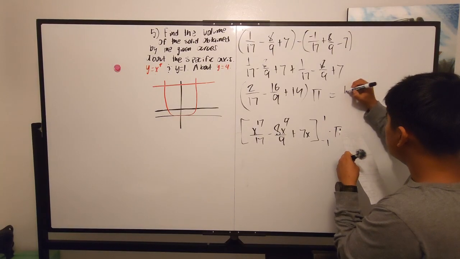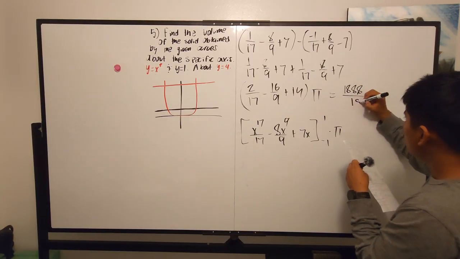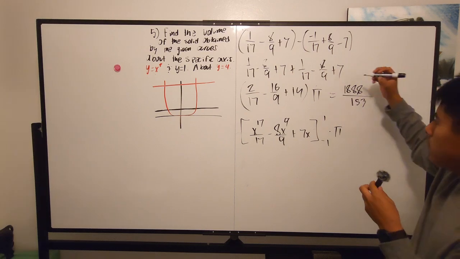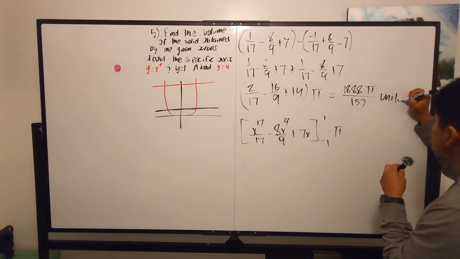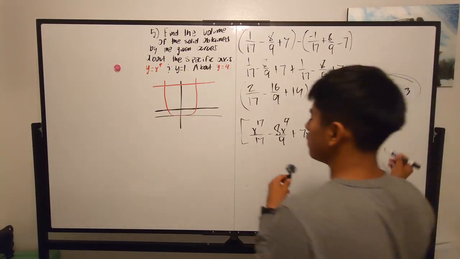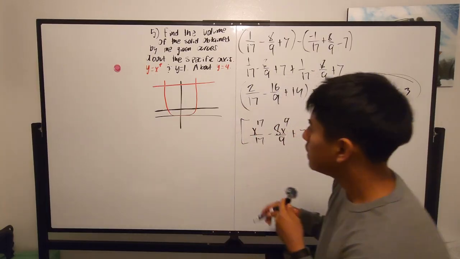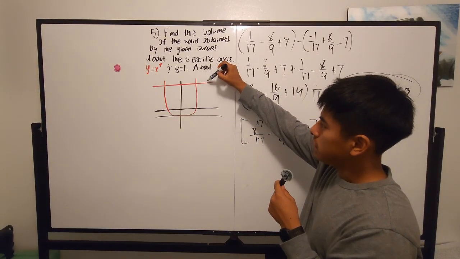But if you did that, you would get 1888 all over 153. And do not forget about this guy right here. He goes on the top. That's going to be units cubed. And that is the volume that you get when you revolve these two functions around this line.